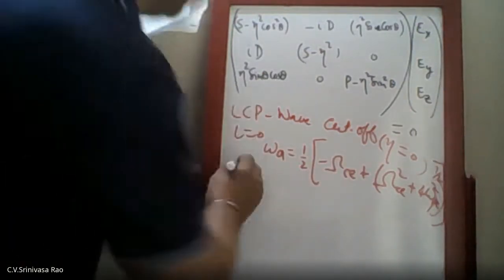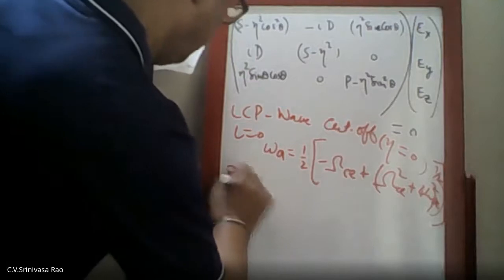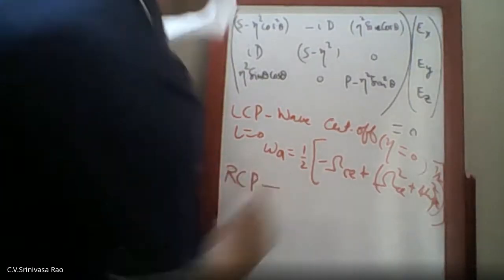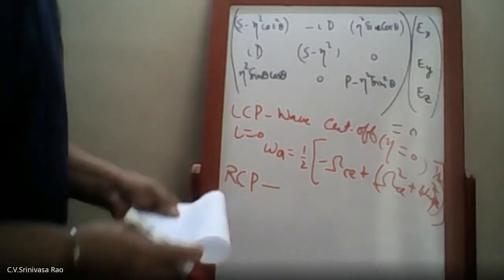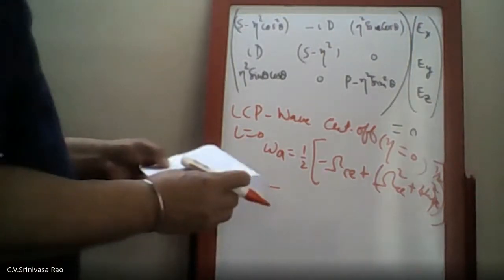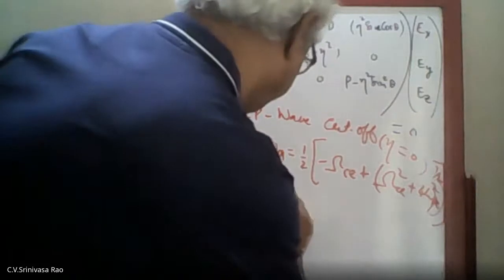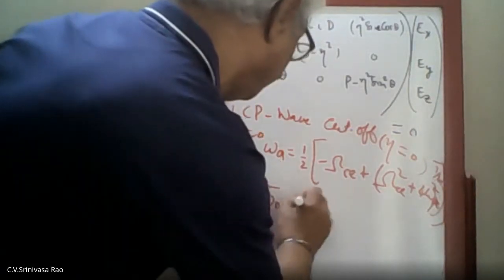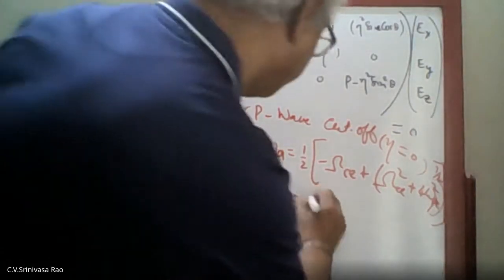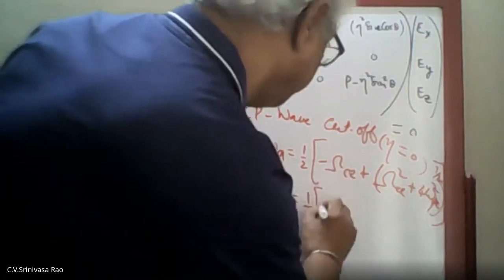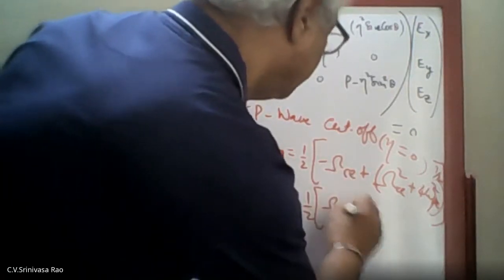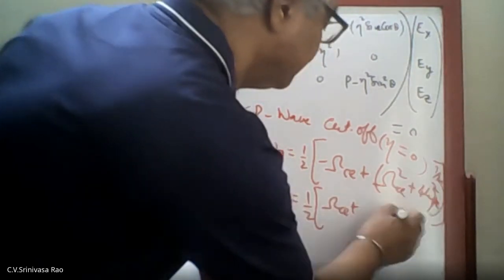Similarly, we had also seen that RCP, which means the right circularly polarized wave, had a cutoff at another frequency, which is omega 02, which is, instead of minus, it will be plus the same thing.